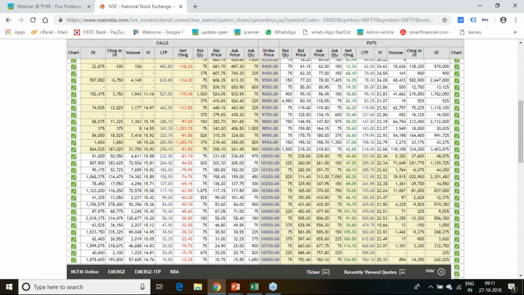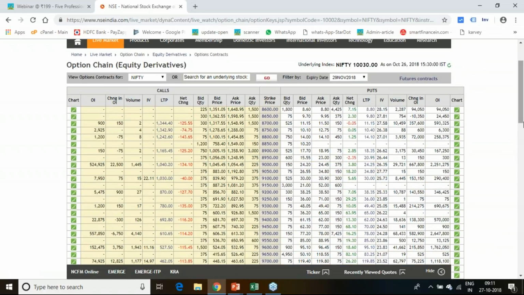It will have a lot of call options, put options, and a lot of headings. So try to understand this option chain. NSE gives great information here: open interest, change in open interest, IVs of options, LTP, bid and ask, and this is the strike. It is a whole bunch of crowded data you are getting.